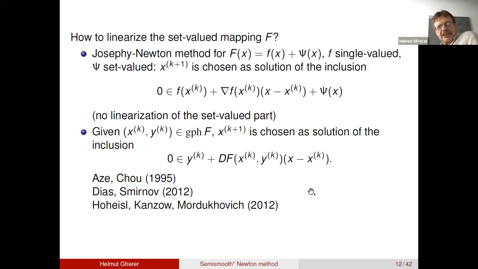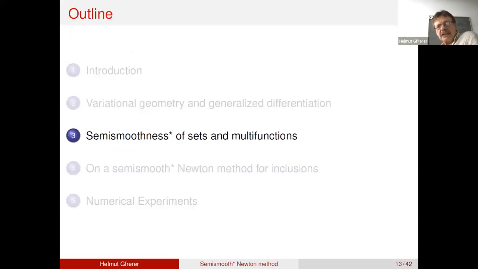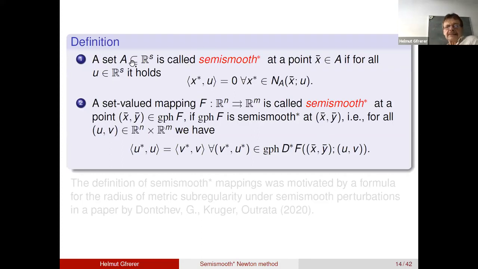We want to use a different approach. This is now introduced in the next section. We call a set A semismooth star at the point x bar in A if for all directions u, the following relation holds: all directional limiting normals in direction u are orthogonal to the direction u, so that the scalar product of x star and u is 0.